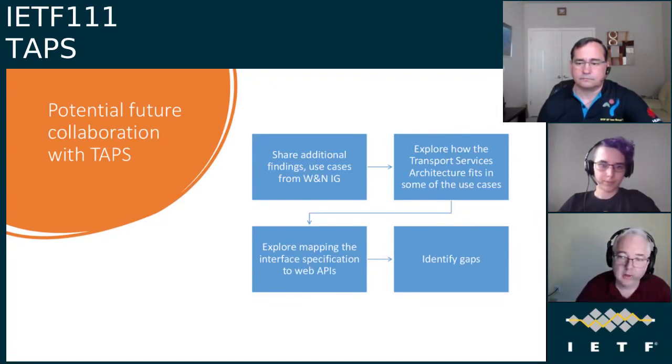So I think, maybe I'm just going to throw this out there, maybe it would be worth having somebody from our group come and give a talk to your group just to introduce the TAPS architecture. That was kind of what I was going to suggest too. One of the sessions in one of our meetings, just to have an overview of the architecture, the interface, and you're right.